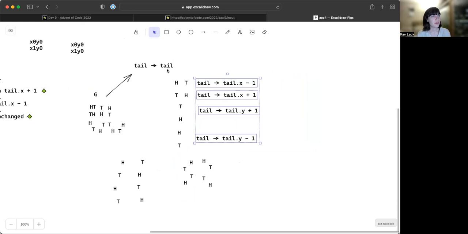And we can sort of, so let's work this out. This one is going to be tail x minus 1. No, wait, it's going to be diagonal. Tail x minus 1, tail y plus 1.